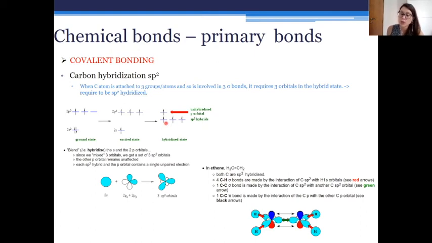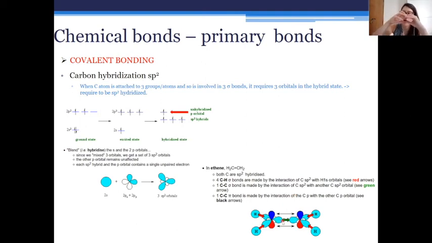We will also have 1 carbon-carbon sigma bond made by the interaction of 1 sp2 orbital of this carbon with the sp2 orbital of the other carbon atom. It is represented here in green.